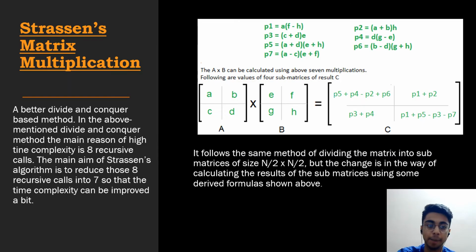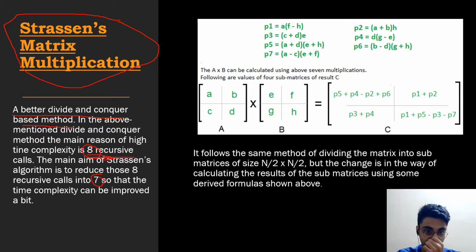So there was a betterment in the divide and conquer multiplication algorithm, and it resulted in Strassen's algorithm. So it's nothing but a better divide and conquer based method. It has the same thing, but what it differs in from divide and conquer is that divide and conquer had 8 recursive calls as we saw, but in here our main aim was to reduce these 8 recursion calls and it cut down into 7.